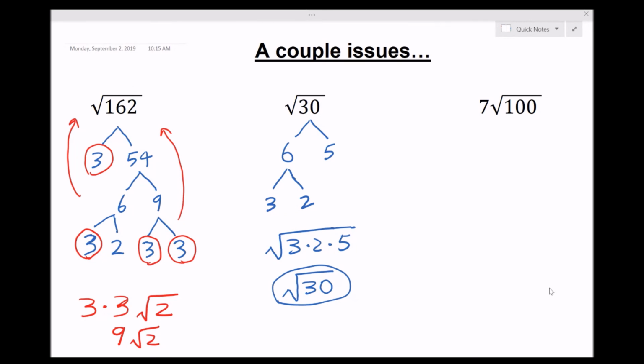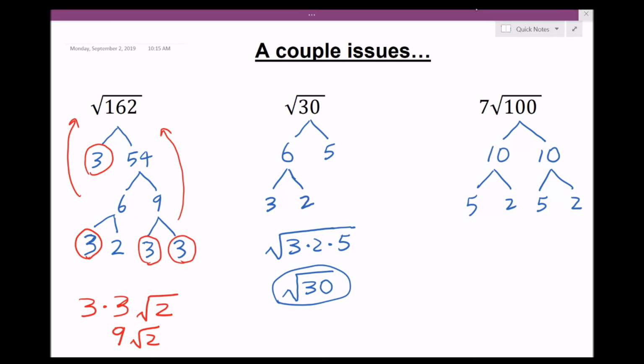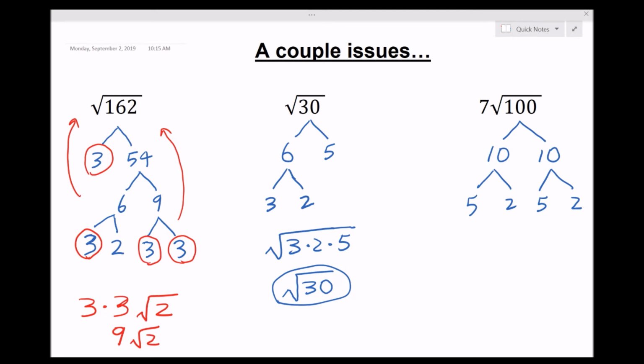Next up, we have 7 root 100. If you split 100, this is what you'll get. Notice that we have 4 ending branches, and all the branches make pairs. There's no branch that isn't in a pair. So you've got a pair of 5s, and a pair of 2s.